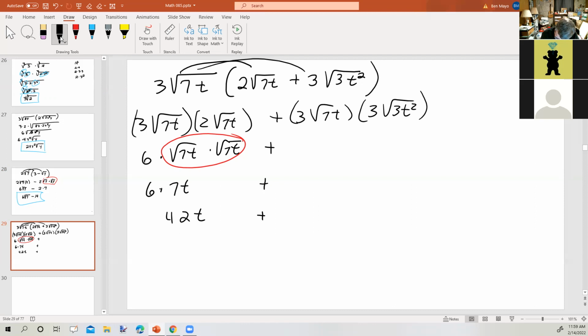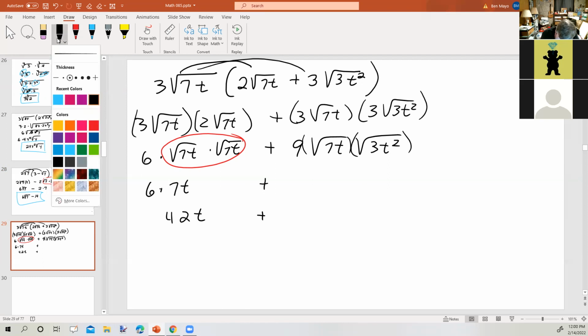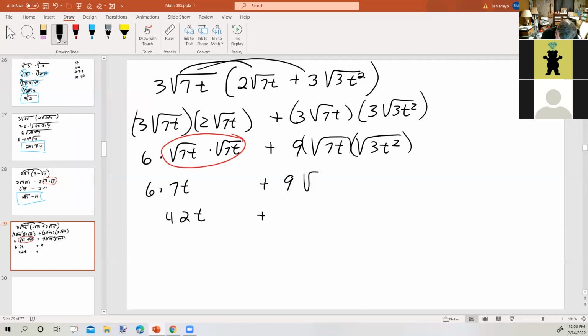Then this next expression, we get 3 times 3 is 9 square roots of 7t times the square root of 3t squared, which is 9 square roots of 21t to the 3rd.